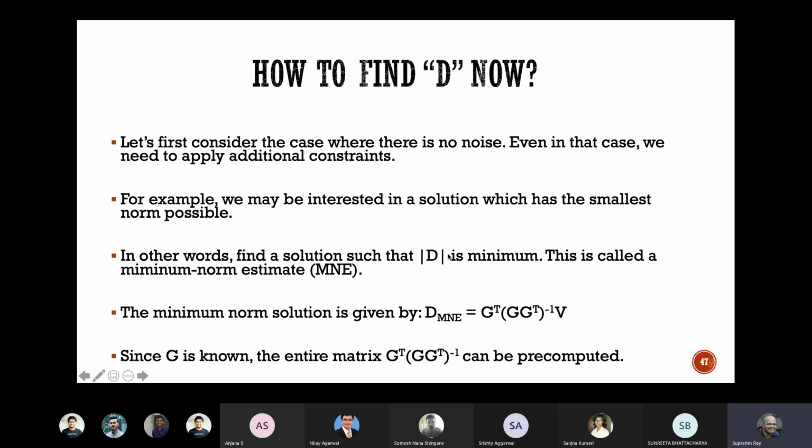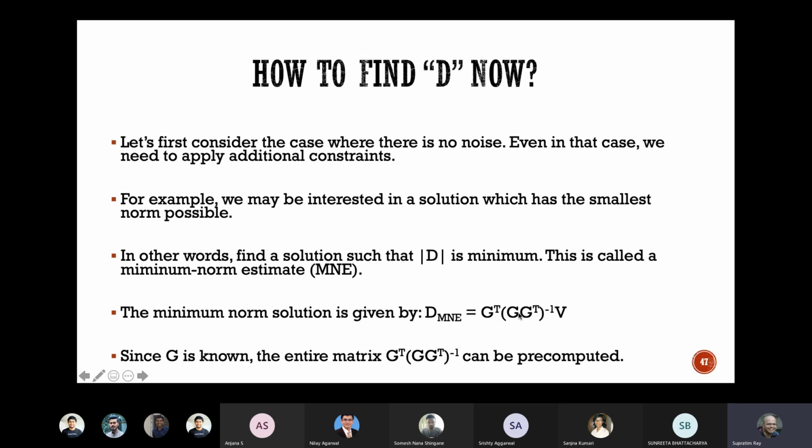And we used one constraint, which is the minimum norm solution, in which we assume that the L2 norm of D is as small as possible. Okay, and if you put that constraint, the solution is given by this formula, which can be pre-computed because you know what G is.